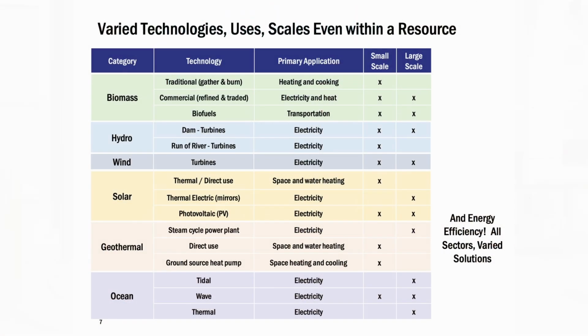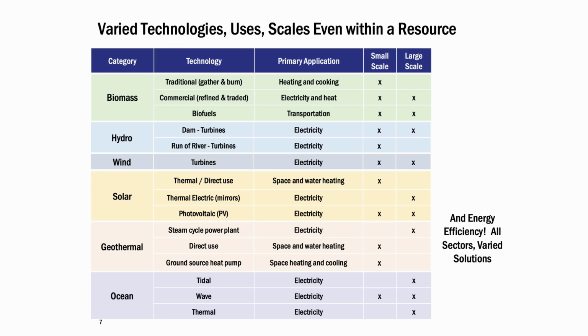But in general, what we call renewable energy resources vary quite significantly when it comes to their environmental impact, their economics, what scale they can be deployed at, their end uses, how significant they are in our energy mix, whether or not they're growing, and what type of technology is being used.